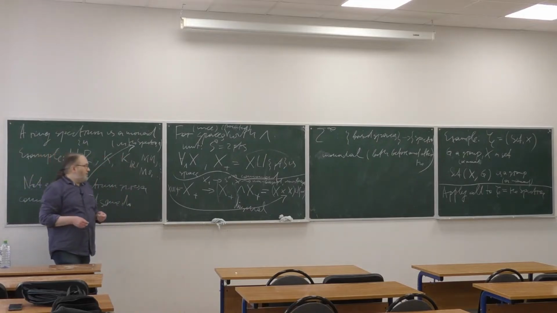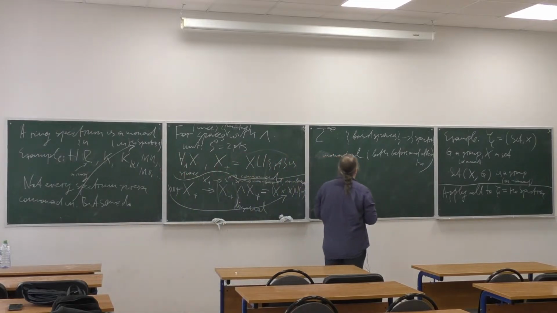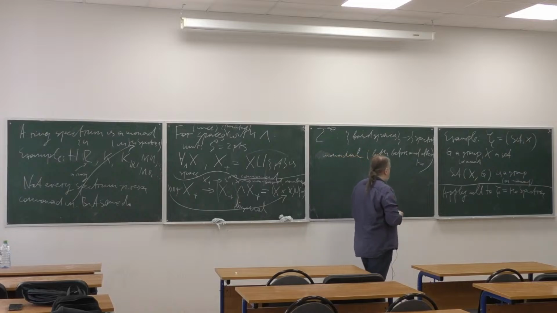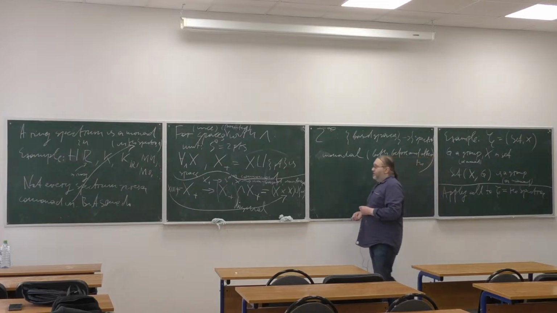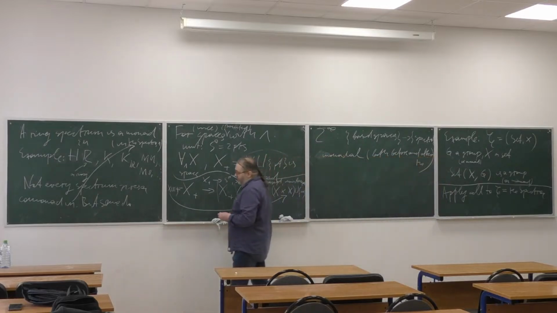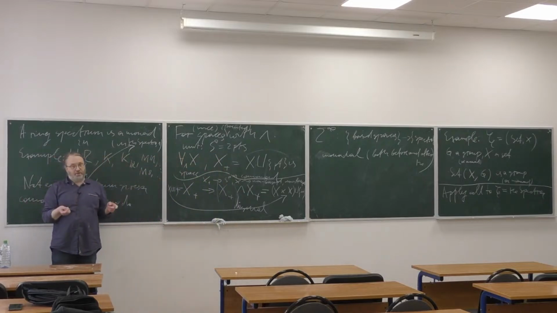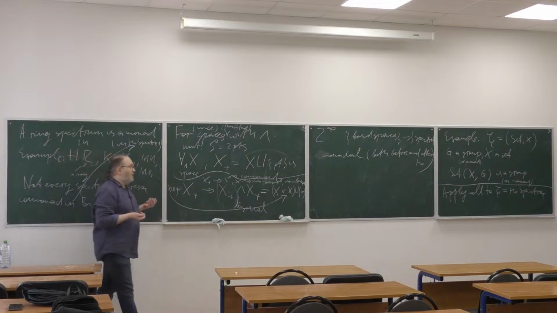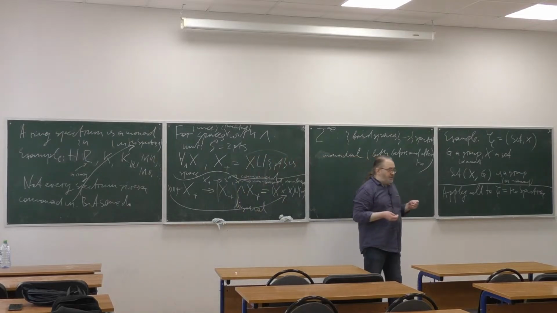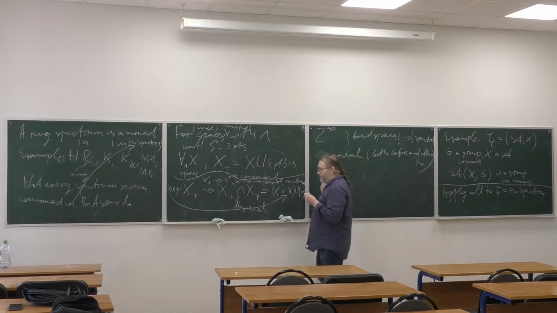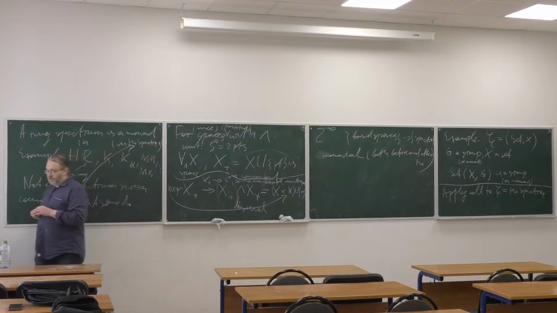But the thing is, we have the sigma infinity functor on the level of the homotopy categories too, and then as we saw, we get something which is a monoidal functor.